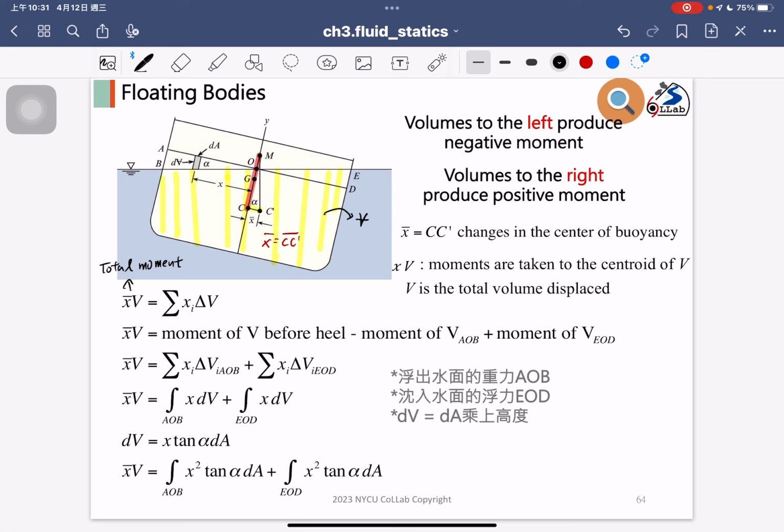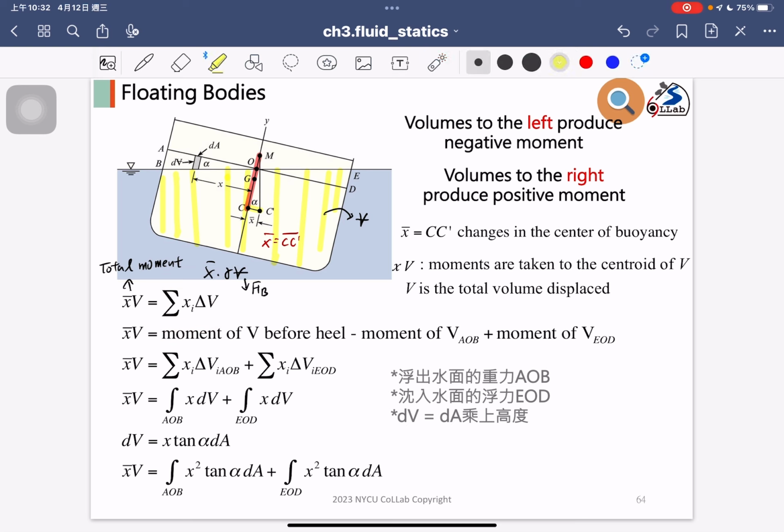If we multiply the gamma here, x bar multiplied by gamma V, and the gamma V here is the FB, the buoyant force, multiplied by the x distance, we will have the total moment in that case. And the total moment will equal the sum of the sub moments.